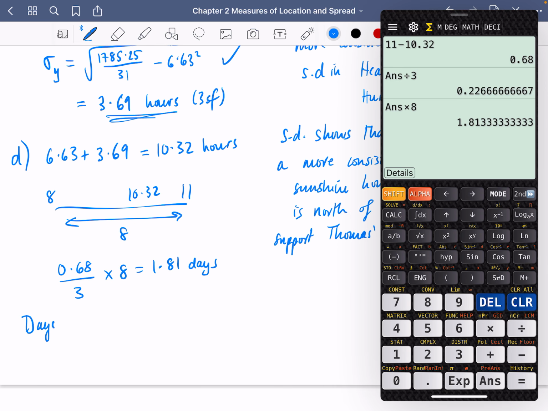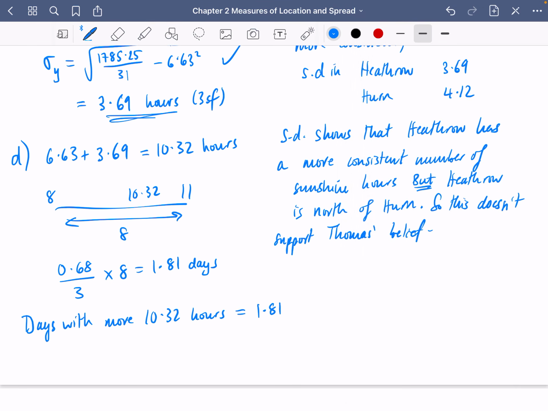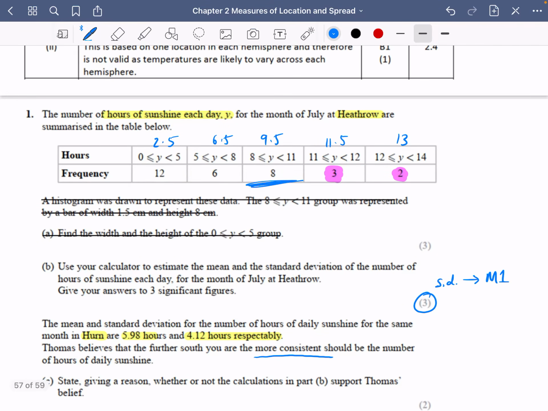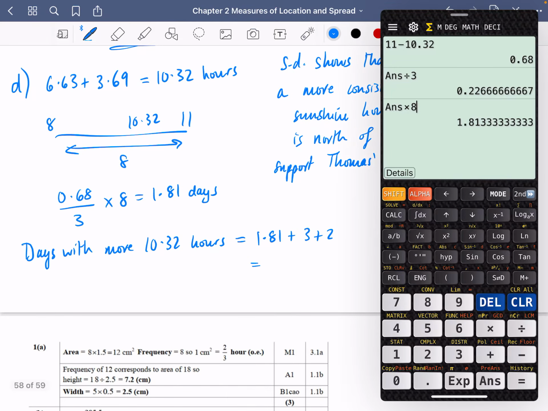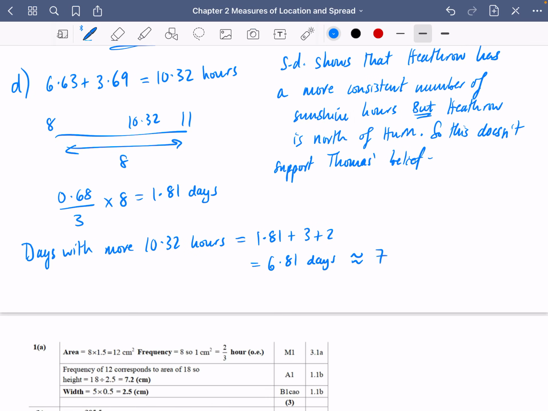So days with more than 10.32 hours are going to be the 1.81 from that group, plus the pink numbers, which are 3 and 2. So 6.81 days, which we would round to 7 days to the nearest whole number, because you couldn't give a half day for this.